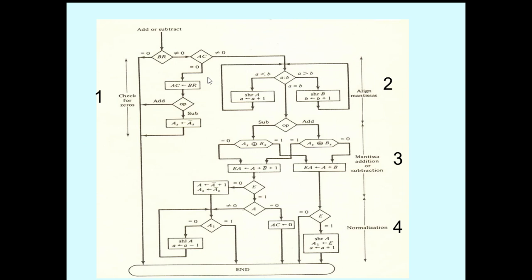Like this we have to do the operation until the exponents are equal. Once the exponents are equal, we go to the operation, either subtraction or addition. Like the fixed point addition and subtraction operation, we perform the sign bit comparison of the two numbers.